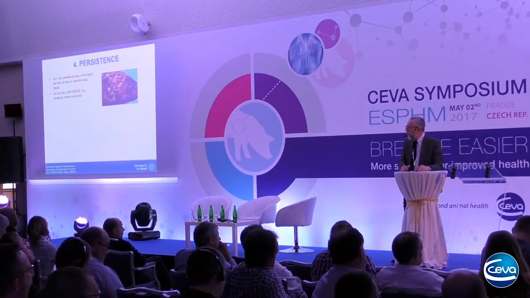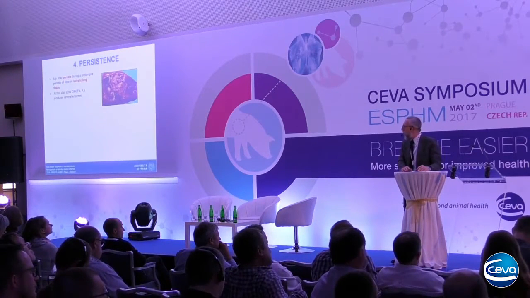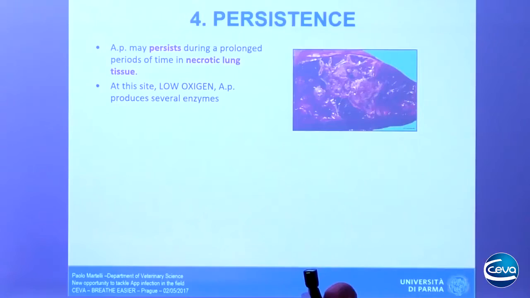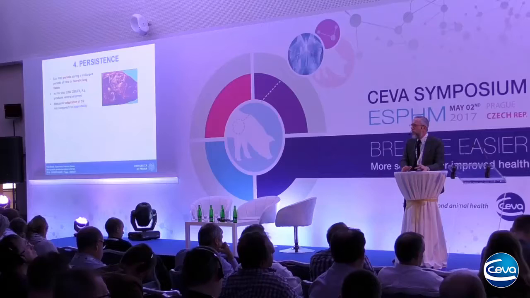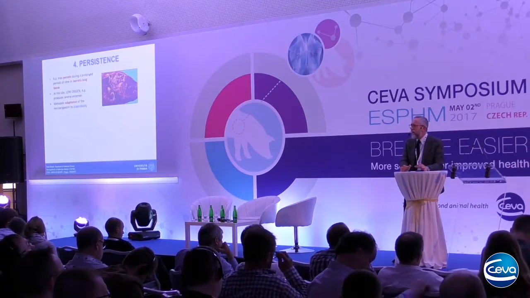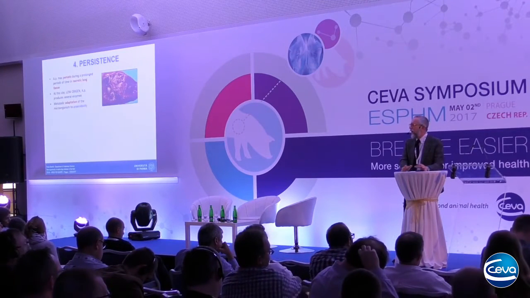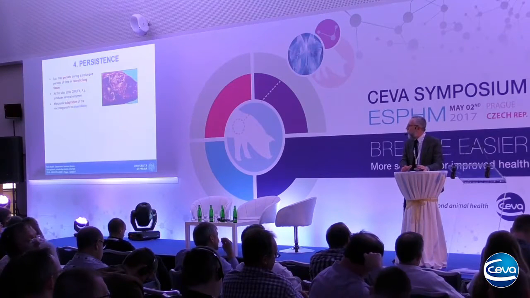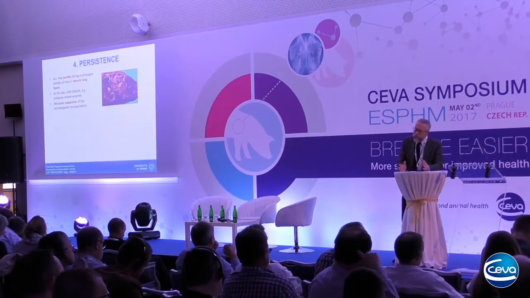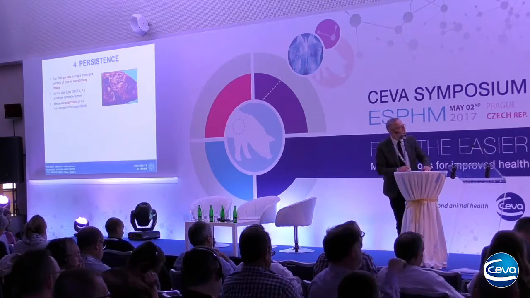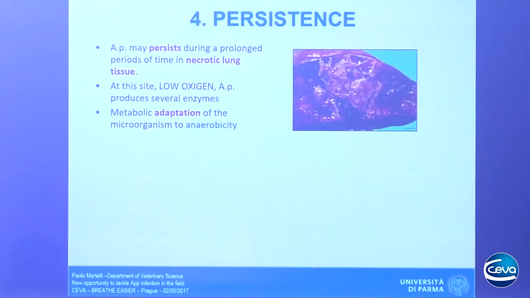It can grow and persist also with very low levels of oxygen, within abscesses. So the microorganism adapts to anaerobicity. It's a respiratory microorganism, but at a certain point it changes its ability and starts to grow and persist in anaerobiosis.